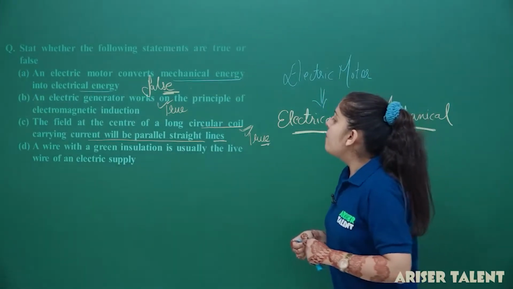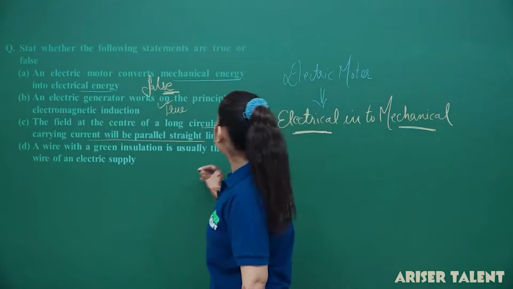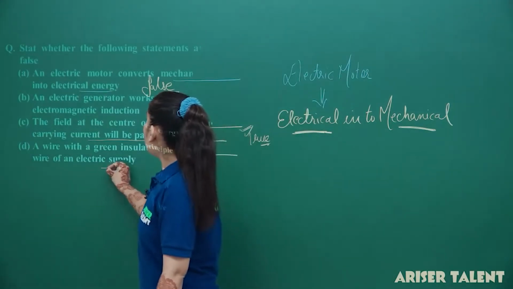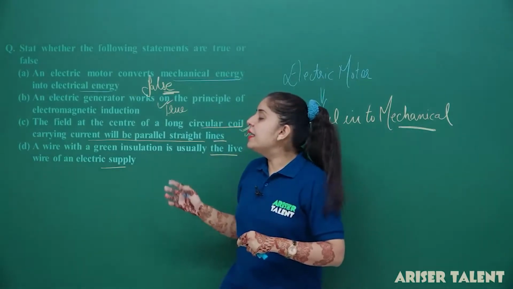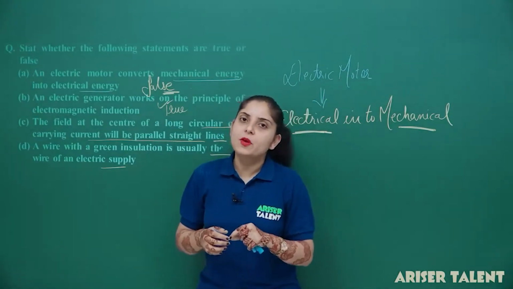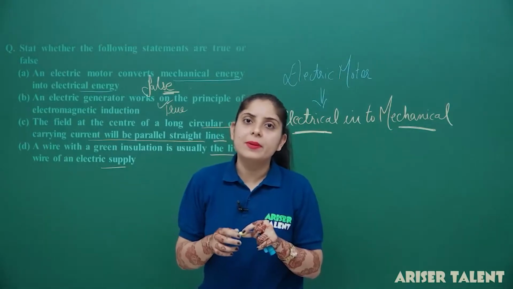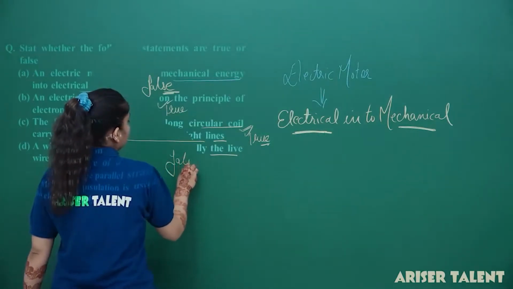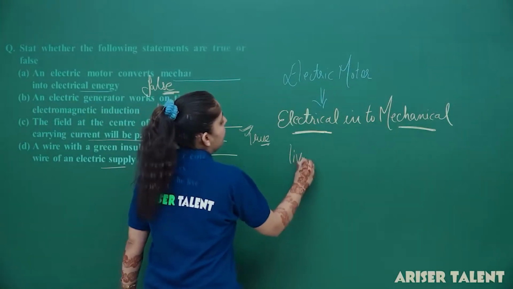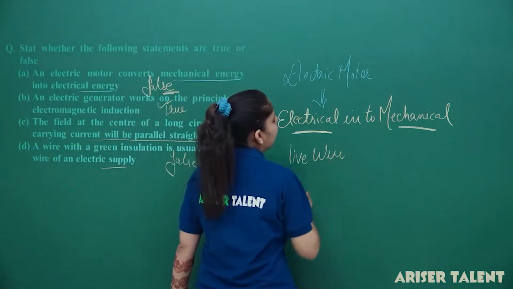Now, a wire with green insulation is the live wire of an electric supply. The live wire will never be green. The live wire will always be red and the earth wire will be green. So this statement is again false, because we have 3 wires in the circuit.